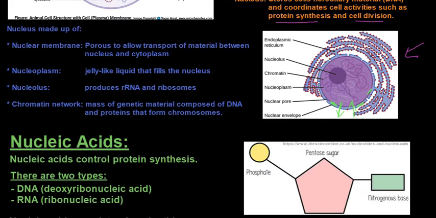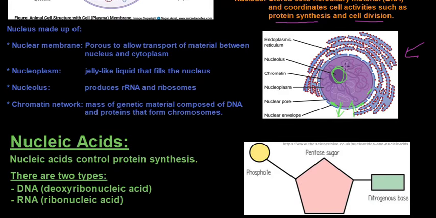Then the nucleoplasm is basically like the cytoplasm of the nucleus. It has a jelly-like fluid that fills it on the inside. Then the nucleolus, this round structure, produces RNA and ribosomes, so this is where they are made.